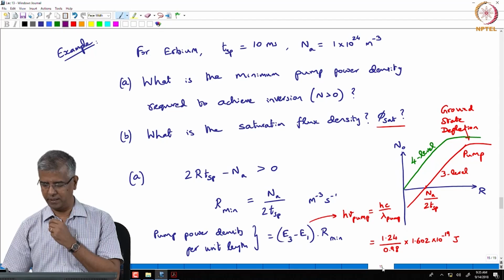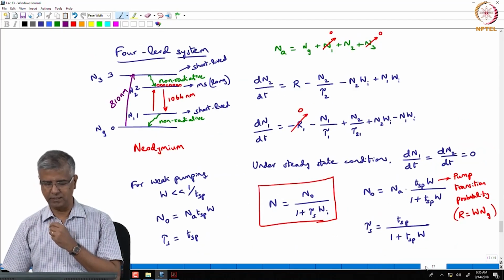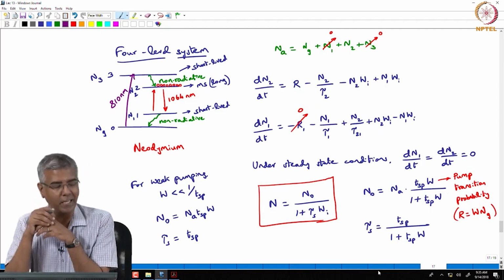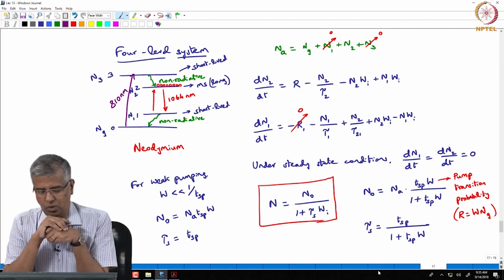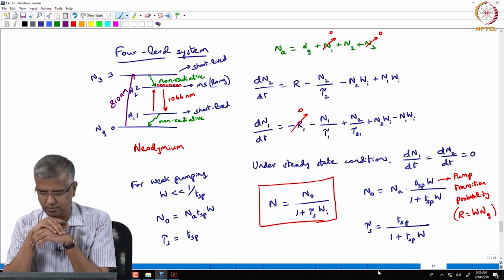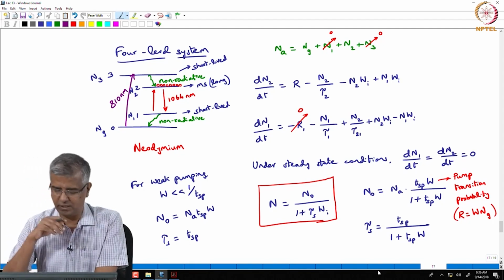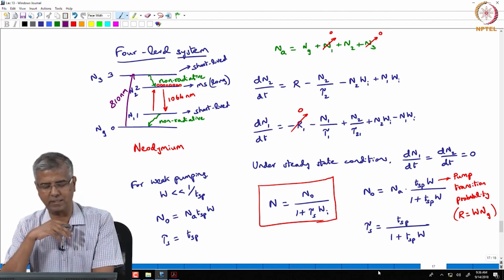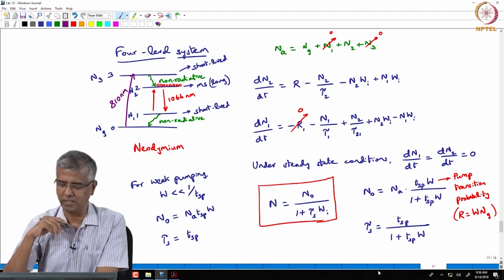So when we were looking at these rate equations, we made one assumption, okay, which is actually, practically speaking, not correct. Okay, what is that assumption?